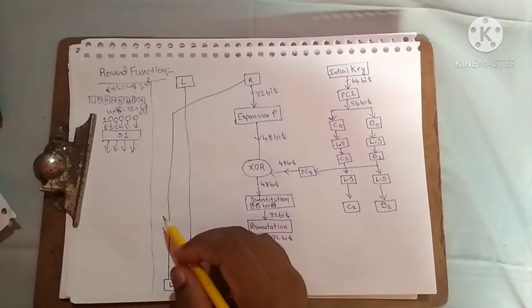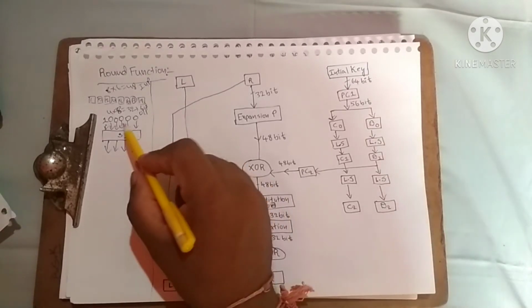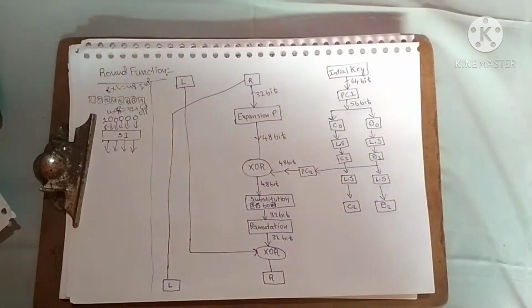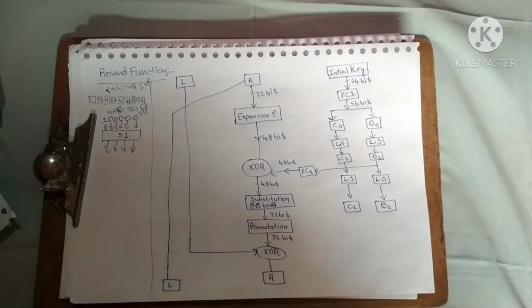Each S box takes input as 6 bits and gives output as 4 bits. So the 8 S boxes are performing this operation.